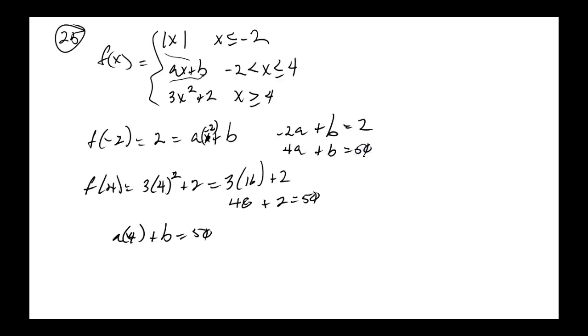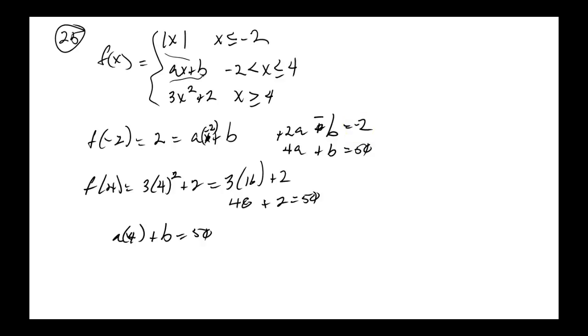What might you want to do to solve those two equations simultaneously? Eliminate b. How? Flip the signs of one and then add it to the other. Make that plus, minus, minus.